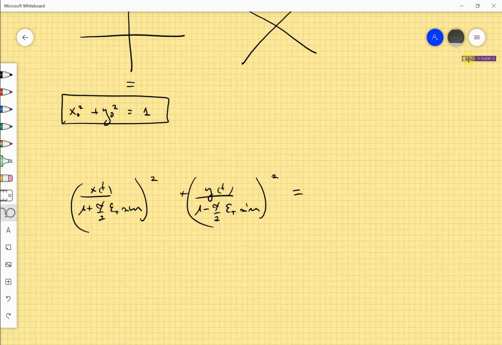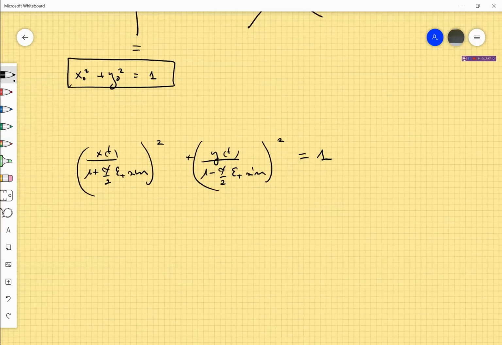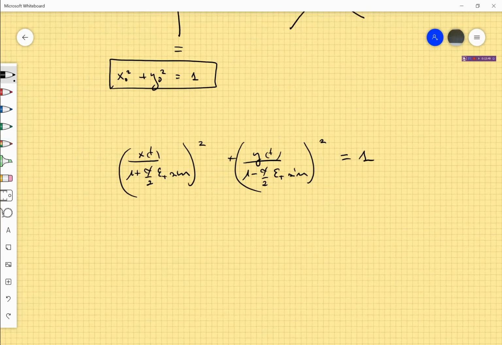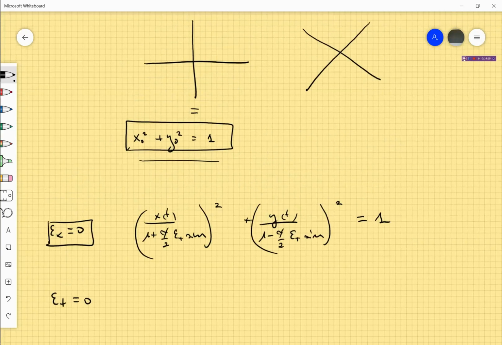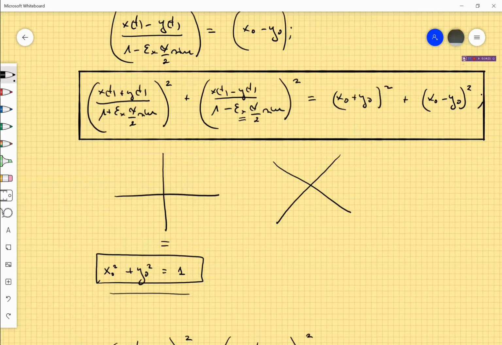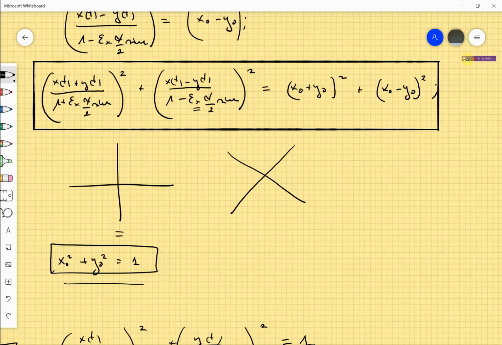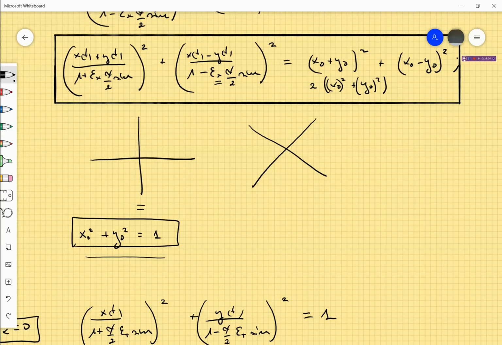So here it is, this is equal to 1. Okay, so this is for epsilon x equal to 0. And then for epsilon plus equal to 0, if we impose this condition here in the second equation, we get this, which by the way, you can simplify and you get 2 times x0 squared plus y0 squared.